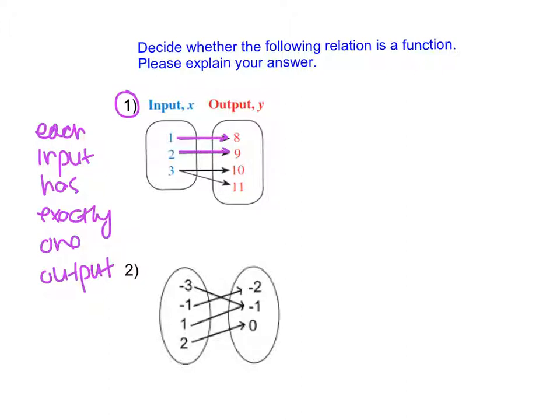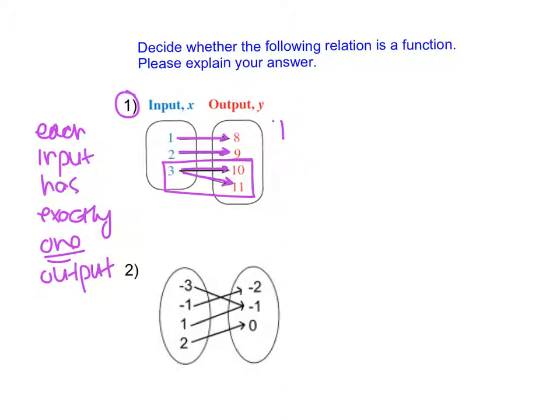Input of 2 goes to 9, good, one output. The input of 3, however, goes to two different outputs, 10 and 11. This is a problem because it doesn't meet the definition of a function. The definition says that each input has exactly one output. So here we're noticing the input of 3 has two outputs.